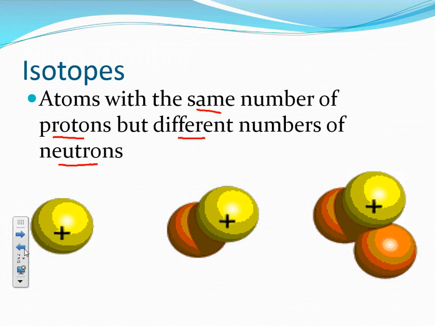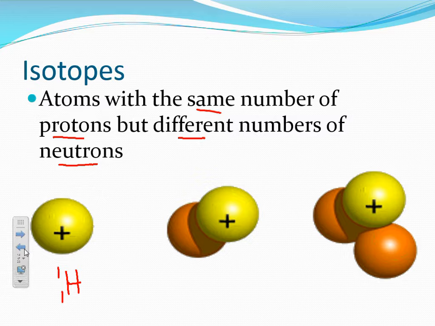This is hydrogen, and hydrogen can have 1 proton, so its mass number is 1. Hydrogen here has 1 proton and 1 neutron, so its mass number is 2. This hydrogen has 1 proton and 2 neutrons, so its mass number is 3.